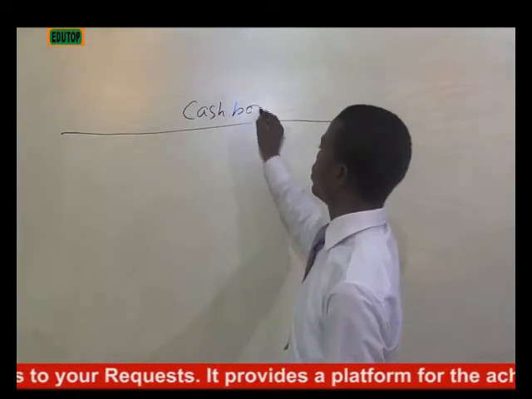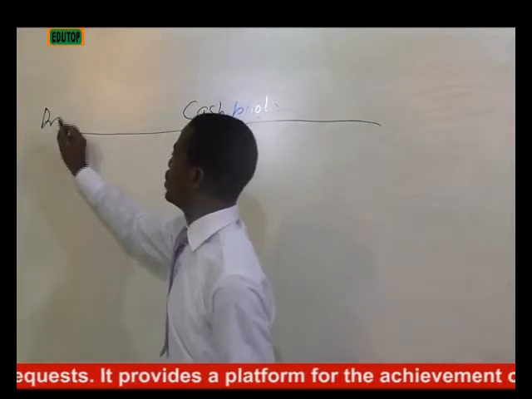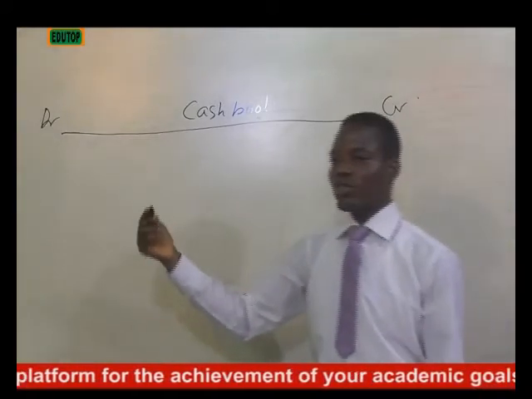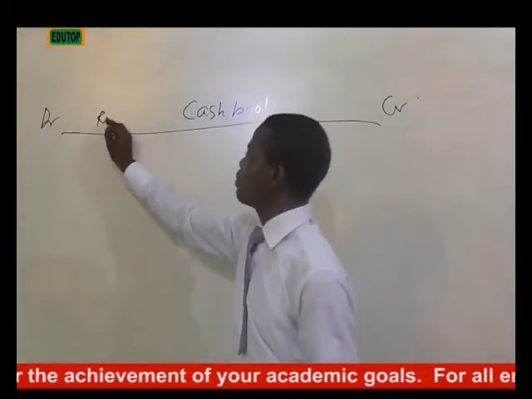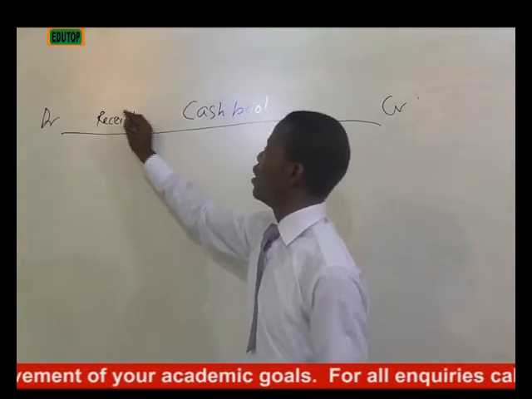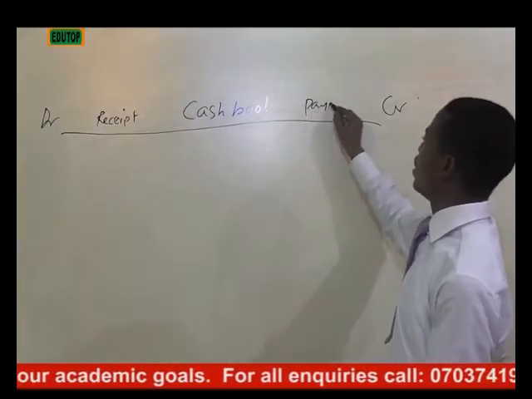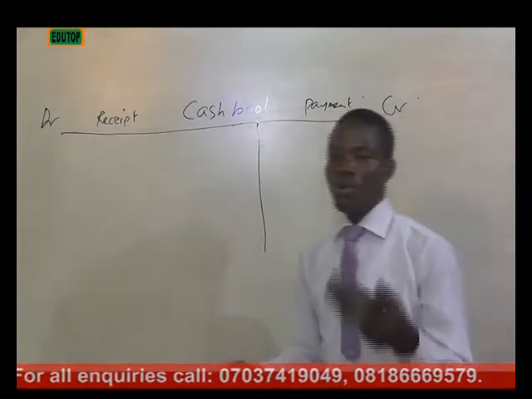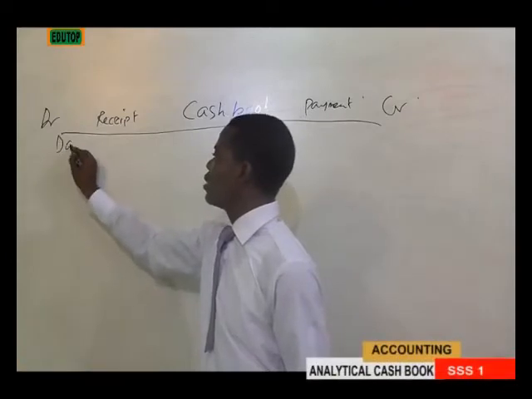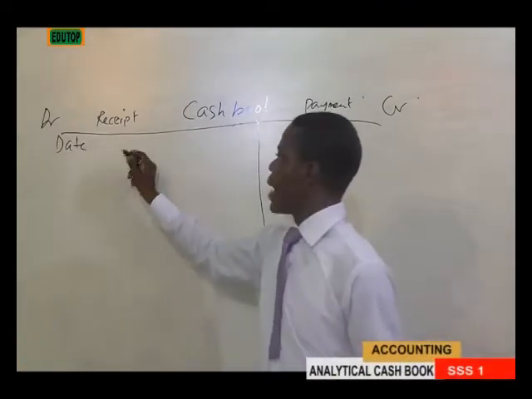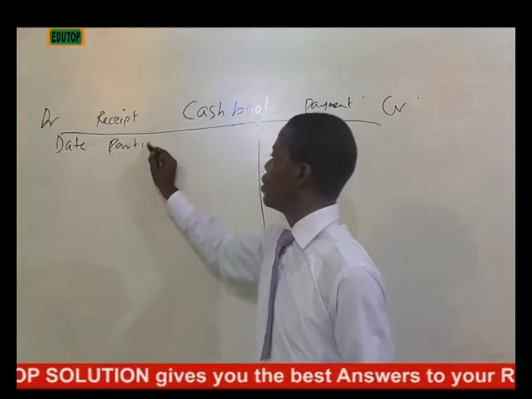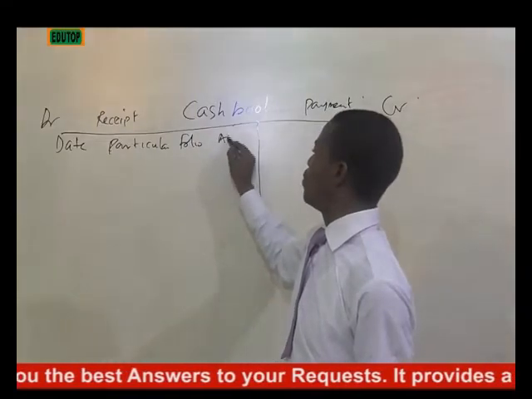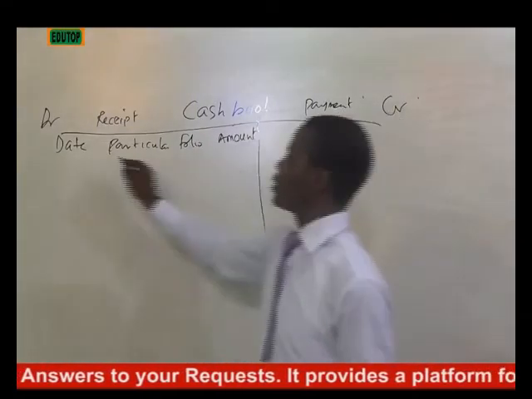This is the CASHBOOK, then debit and credit. Let me give you a tip on how to know the receipt and payment. This is the receipt side, and this is the payment side. So that also can help you. Going by the format, we have a date, particulars, folio, and amount.